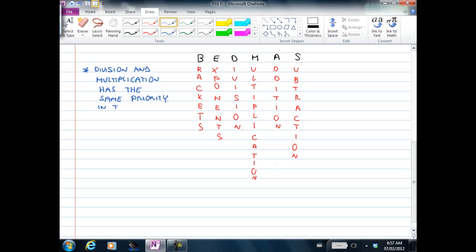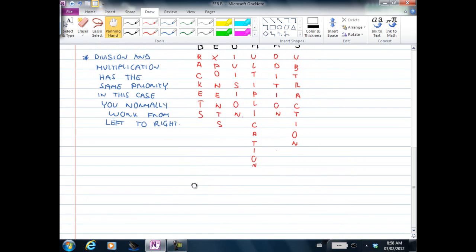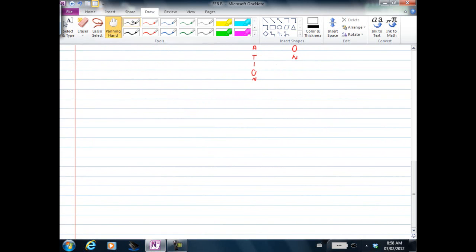In this case, you normally work from left to right. I'm going to give you an example of what I mean. It says this: division and multiplication has the same priority. So a lot of kids are having trouble because they always do division first. But in reality, if I give you a question with only multiplication and division, you work from left to right.